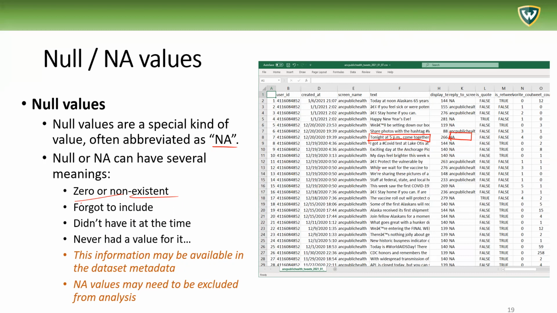In the description of the data, it would be great if what the NA value means were described there, but not always. Often, remember that NA values may need to be excluded from analysis because you don't know what it is. It doesn't automatically mean zero or false or something like that. So it always depends, and it's something to pay attention to.